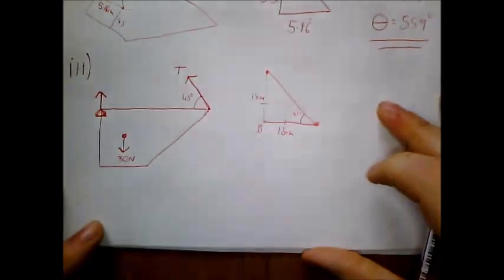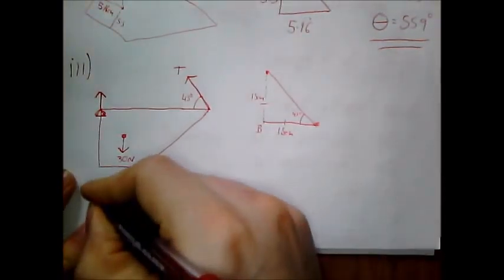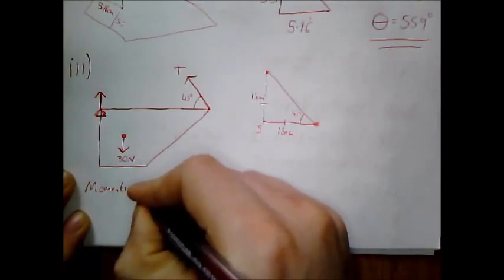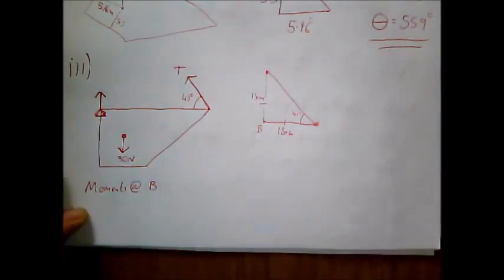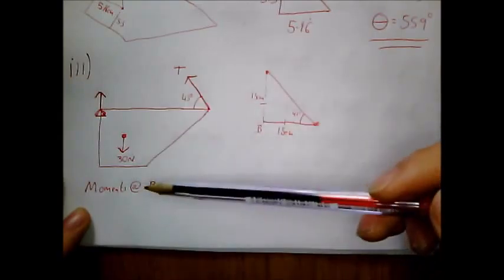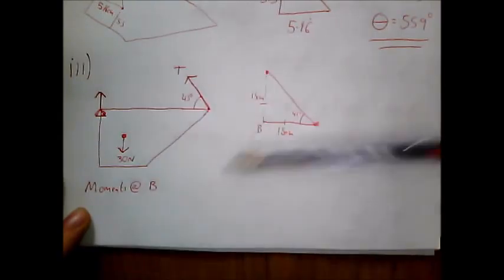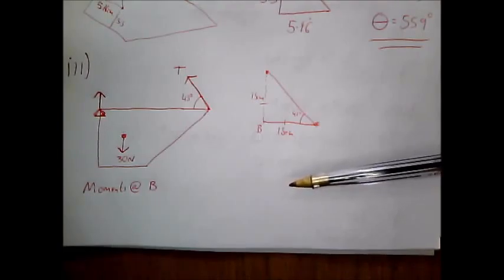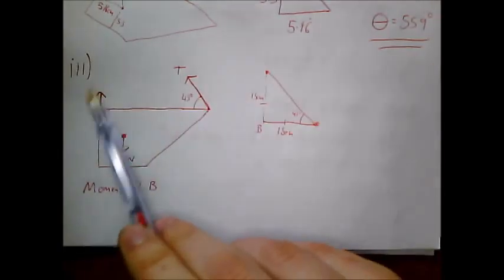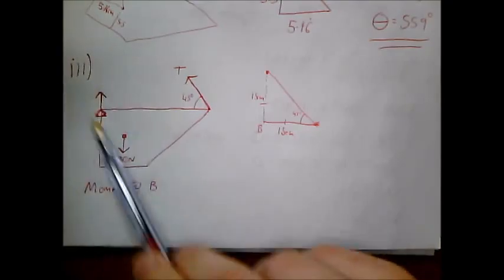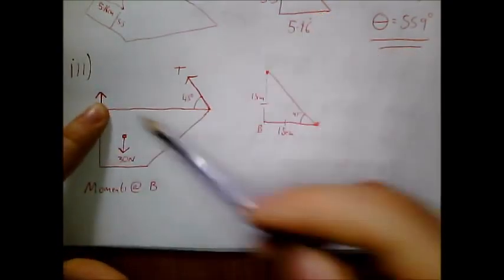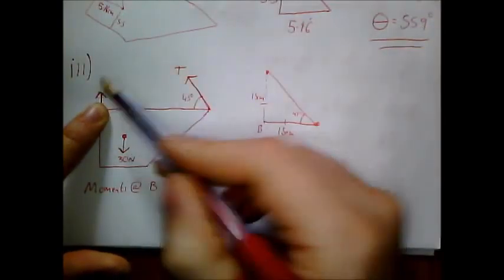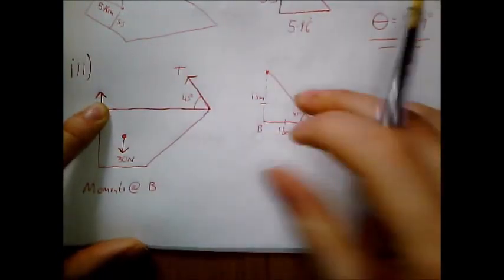Now we just take moments about B. Because this is an equilibrium, forces must be equal, and so must the turning moments. We can't use forces up or down because we don't know what this force here is. But if we take moments about this position, that force does nothing to the turning effect.